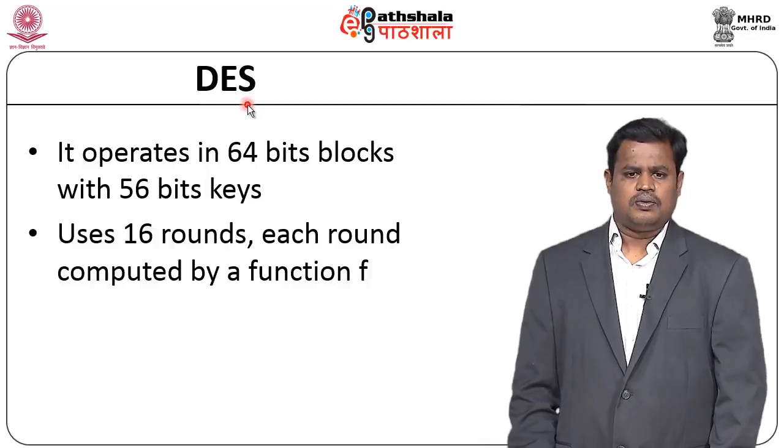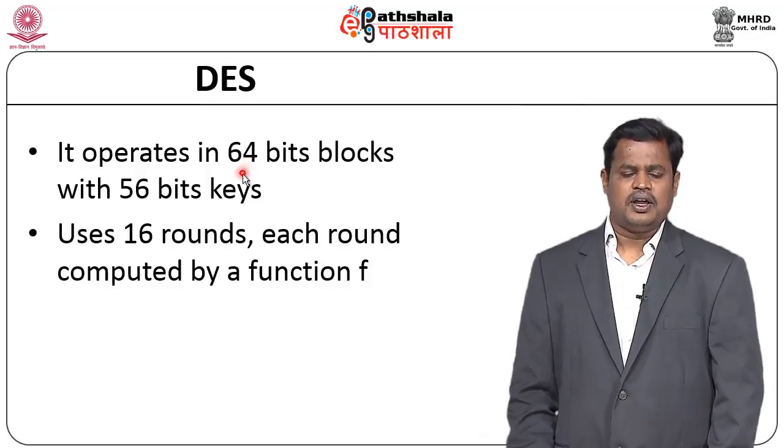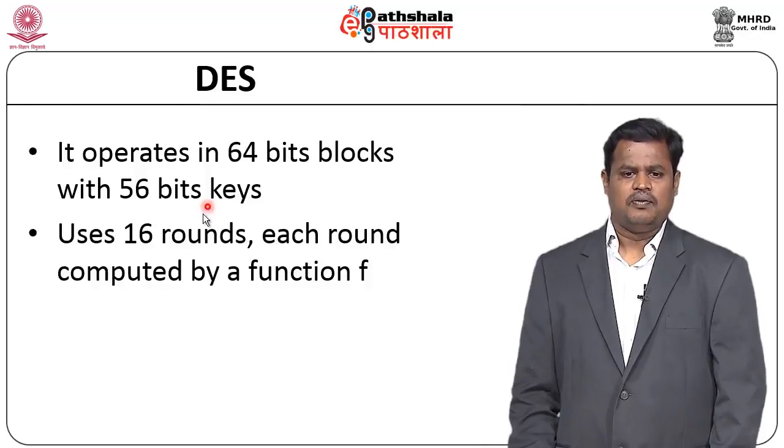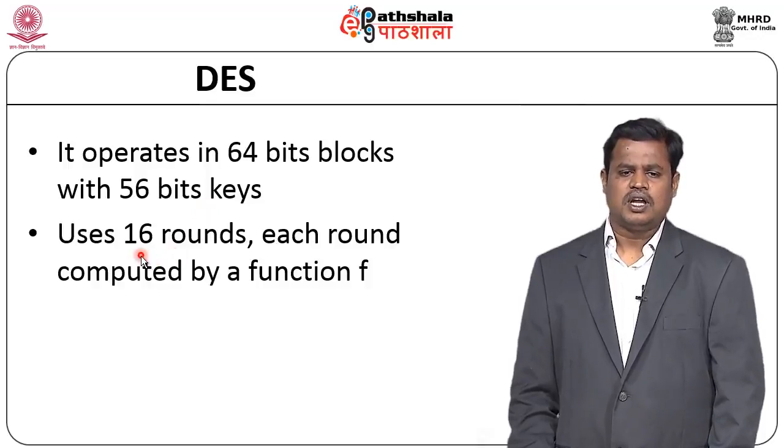For study purposes, there is a topic called simplified DES. Instead of using 64 bit data blocks and 56 bit keys, they use a smaller key and a smaller block of data with fewer rounds, so that we can understand the working principle of the Data Encryption Standard.